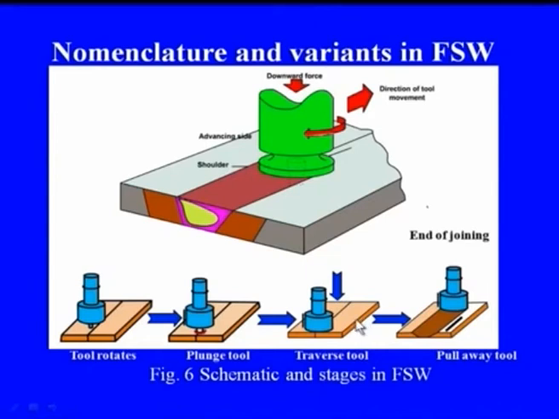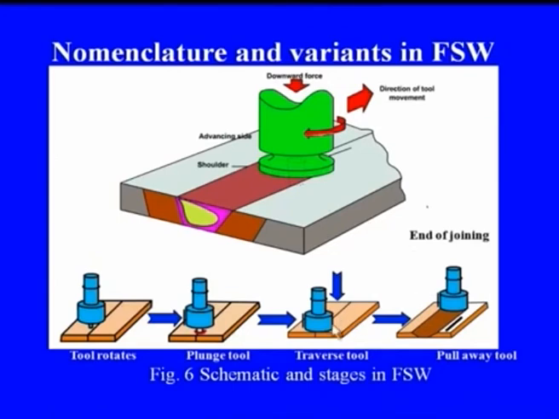Here there are a number of other parameters involved that will ultimately determine the efficiency or the performance of the joint. These parameters could be the RPM we are giving to this tool, which is an important aspect of this process.